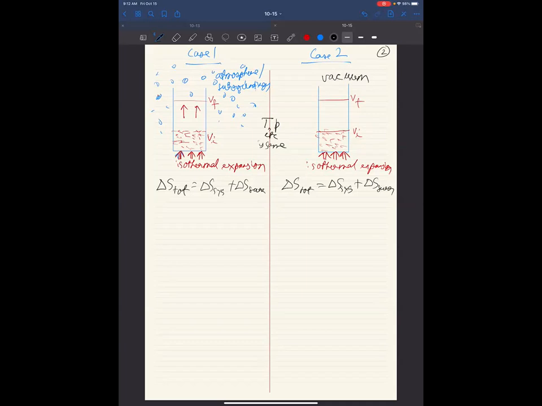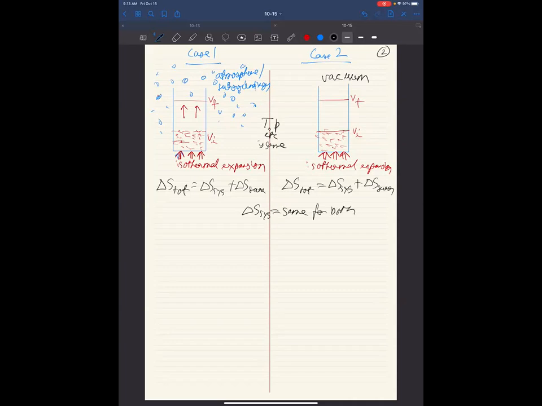But assuming everything else is same, will the delta S system be different? The delta S for the gas. Any ideas? Why not? Because it's a state function, right? Once it gets to a certain volume and it equilibrates at that volume, it's going to be the same. So the idea is that delta S system is same for both.